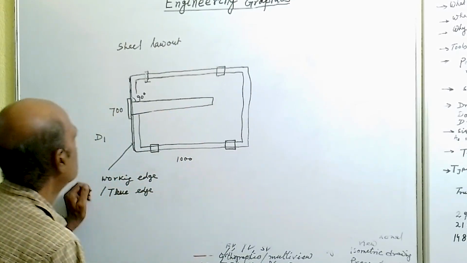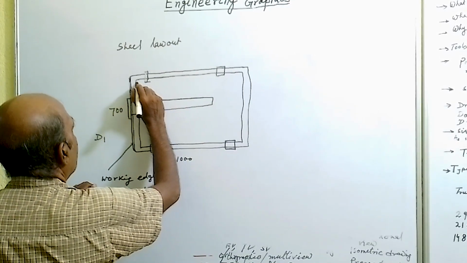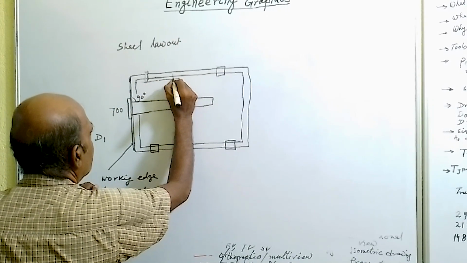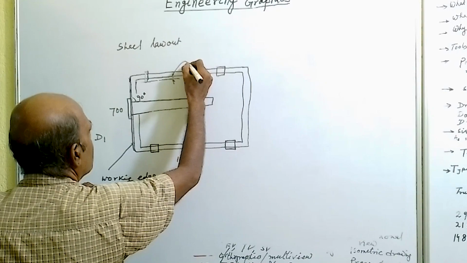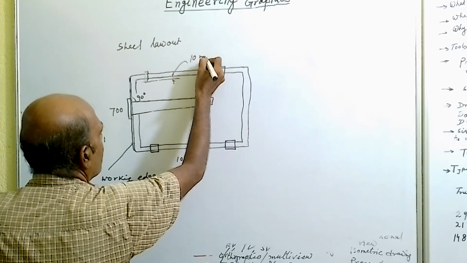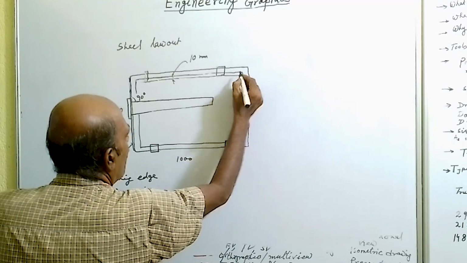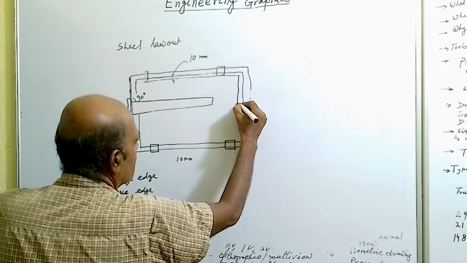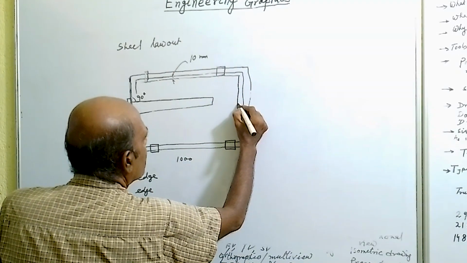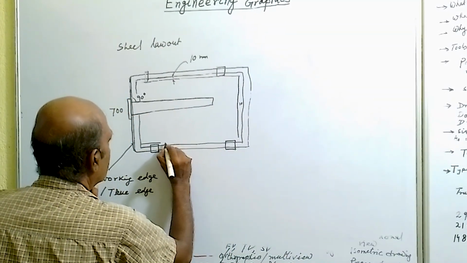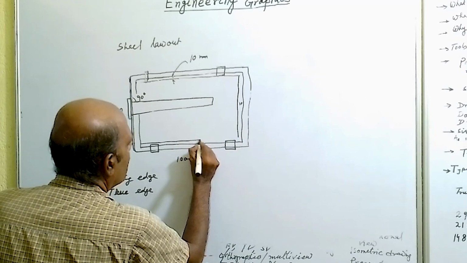Now draw a horizontal line by leaving some gap. That gap we are considering 10 millimeter, and that is called the margin. So from all 3 sides, we will leave 10 millimeter, and also from the bottom side, leave 10 millimeter.